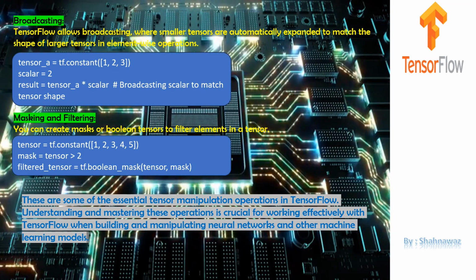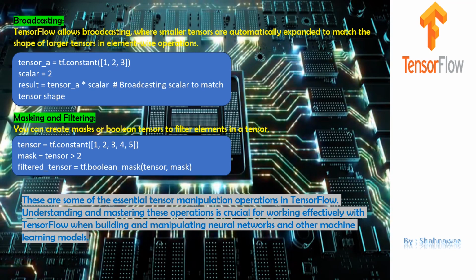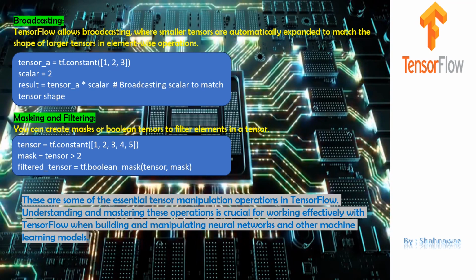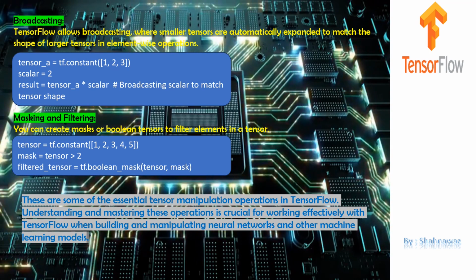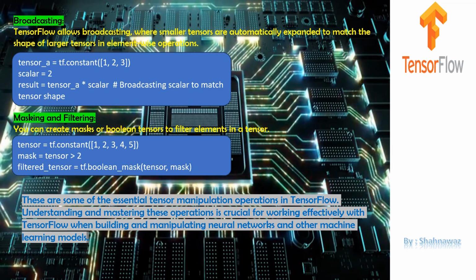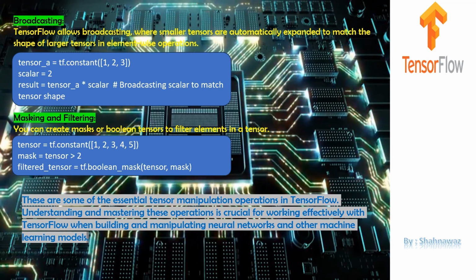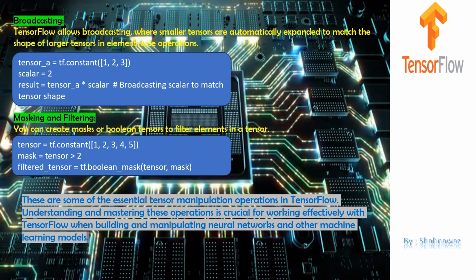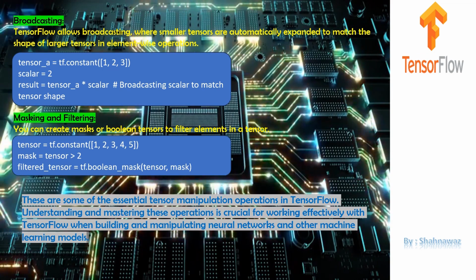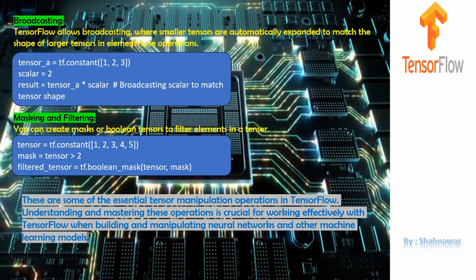You can create masks or Boolean tensors to filter elements in a tensor. Command is tensor equals tf.constant, 1, 2, 3, 4, 5, mask equals tensor > 2, filtered_tensor equals tf.boolean_mask, tensor, mask.